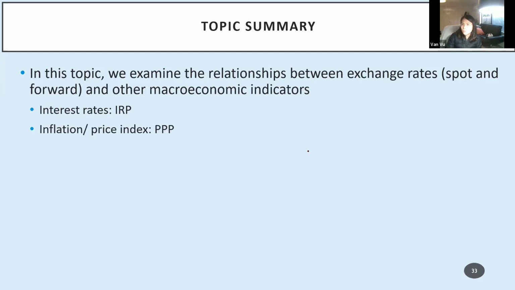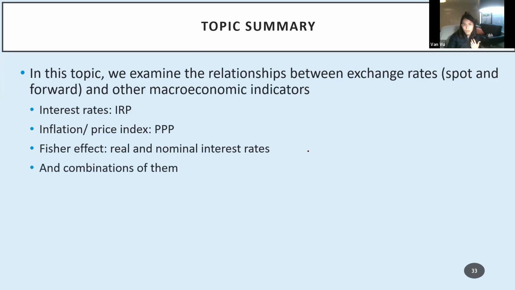With inflation or price index, that was purchasing power parity, or PPP. In terms of real and nominal interest rates, we talked about the Fisher effect. We also look at different combinations of them, and you can find a summary slide in one of the previous slides.